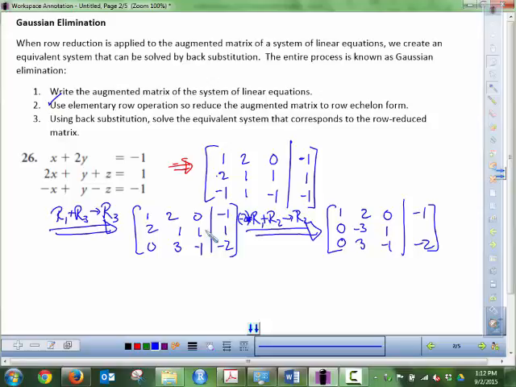Yeah, is that right? That's right, right? Oh, okay. So that's there, and then I multiply the augmented part by negative 2, so that becomes positive 2, plus 1 is positive 3.